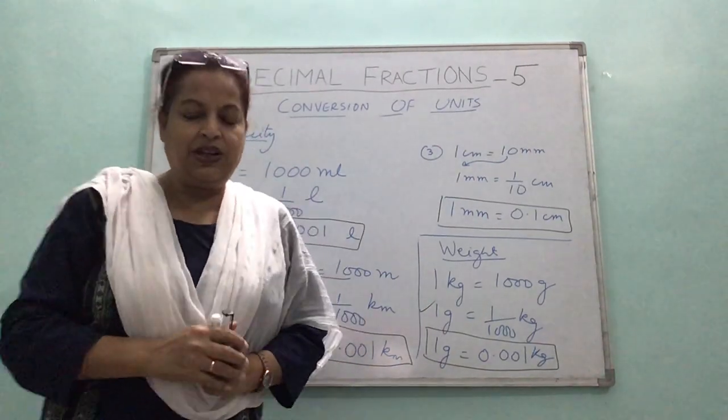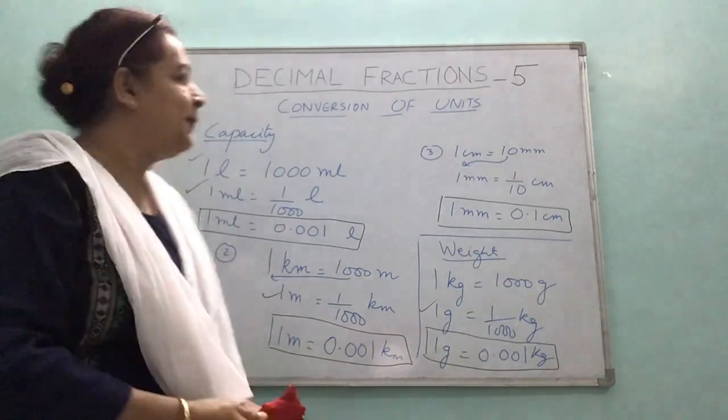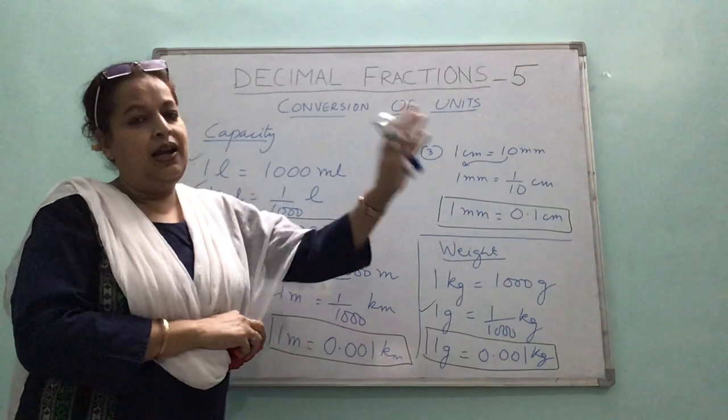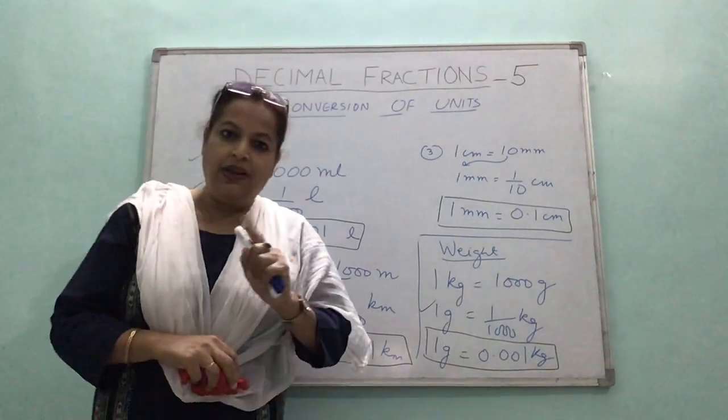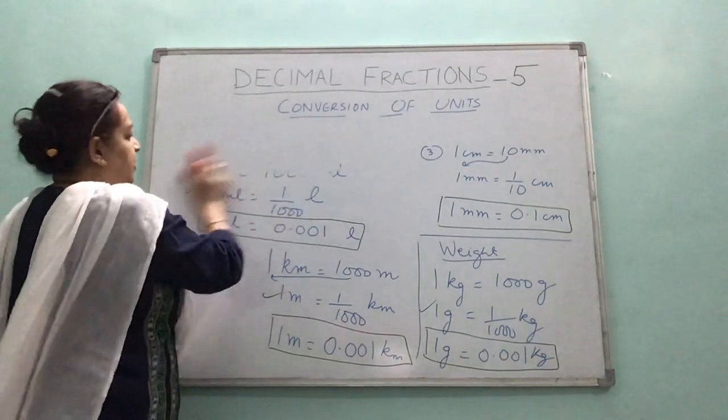Now with this preparation in your mind, we'll start with exercise 5E. Right? So conversion of units on one page you write it and start with exercise 5E on the next page. Alright.